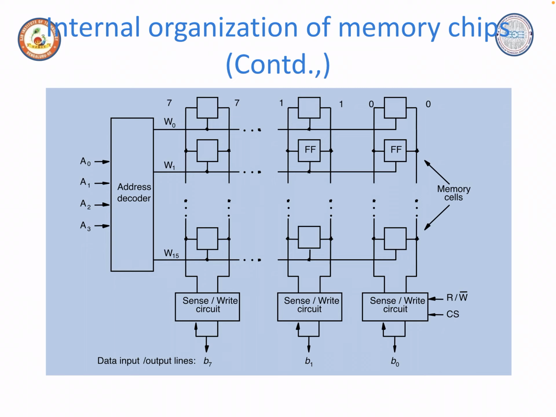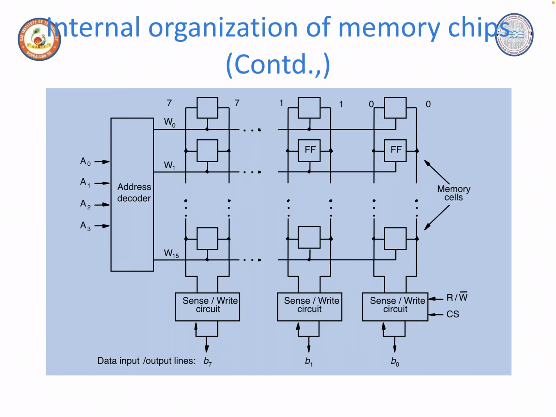Read write bar indicates whether to read the data from the memory or to write the data into the memory. Write operation is active low, read operation is active high. And the other one is chip select, indicating which chip you are using, that means which row you are using in this case.